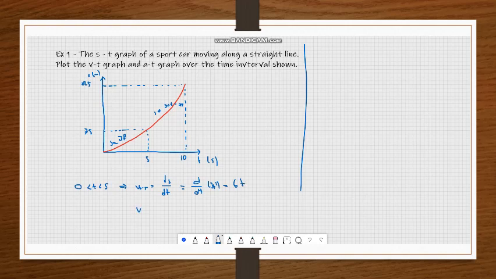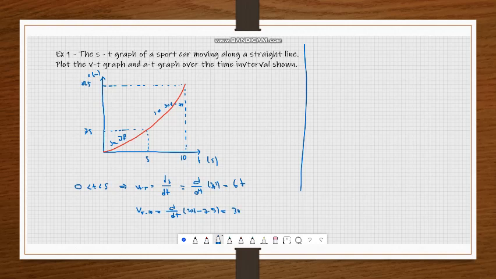And v from 5 to 10 is again d over dt of 30t minus 75, which, when we take the derivative, gives us 30.